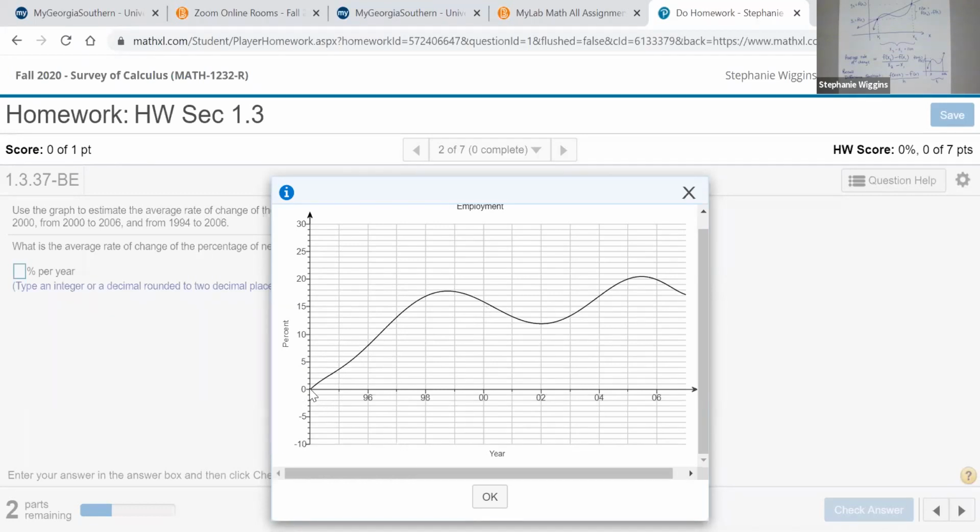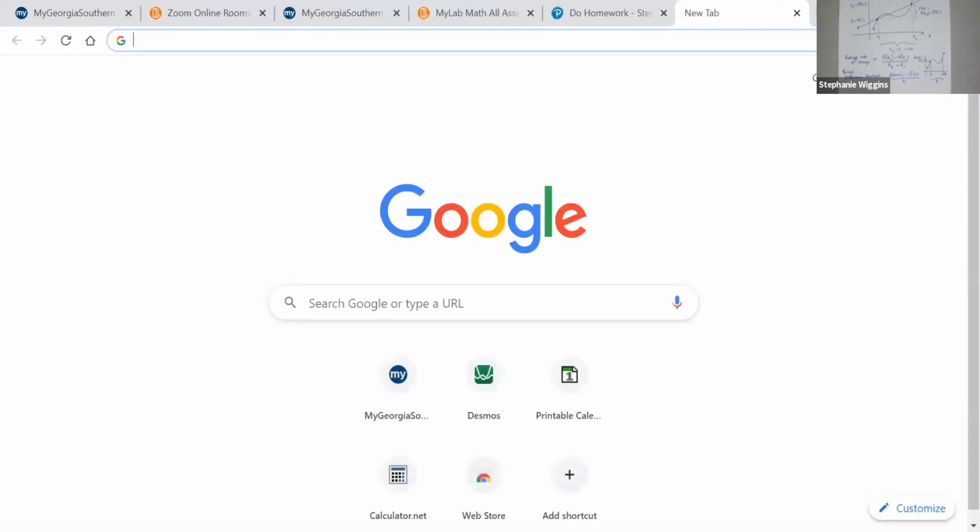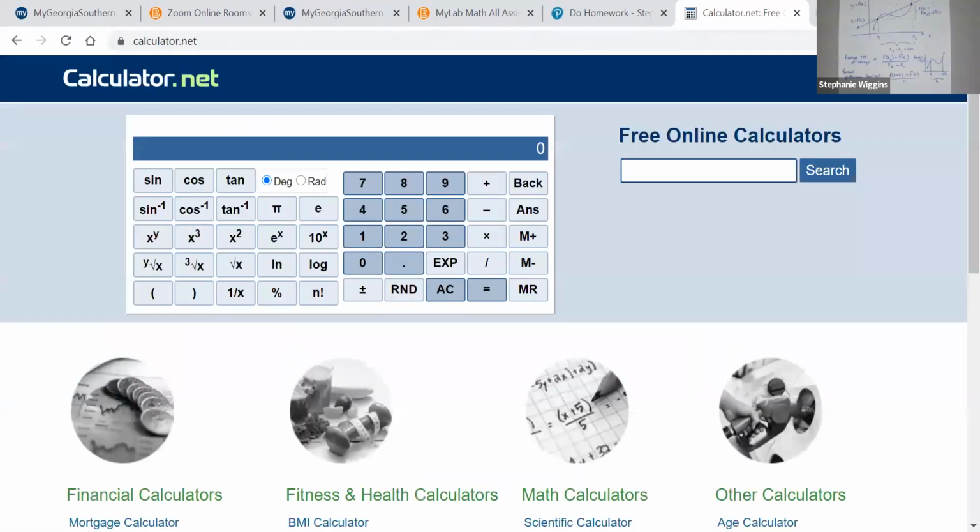And that is over a course of 6 years. So 16 divided by 6 is going to be your average rate of change. So let me just calculate that. I'm just calculating the slope, 2.67 if I round it.